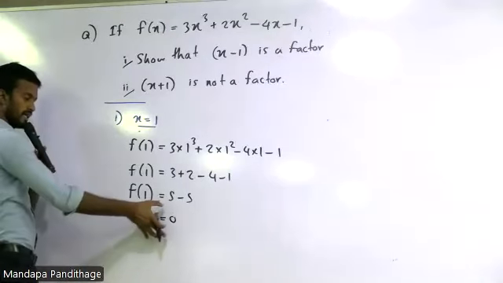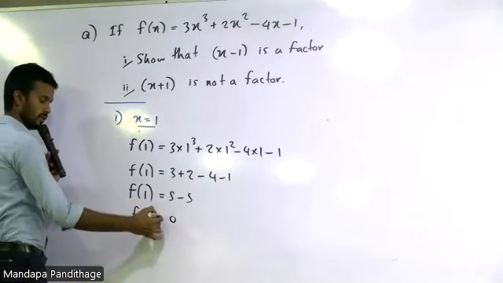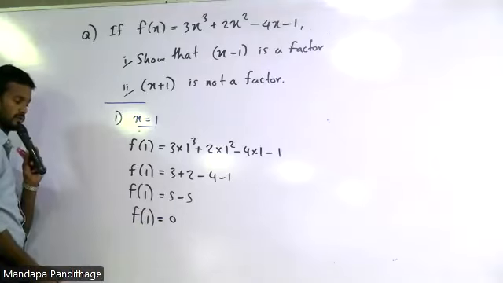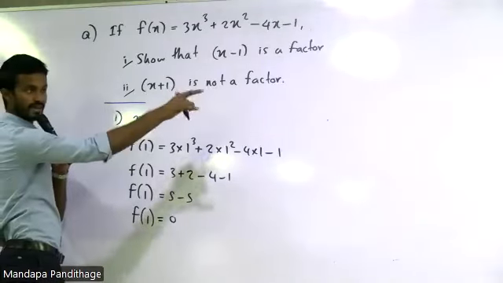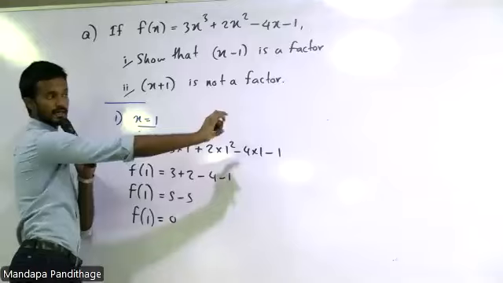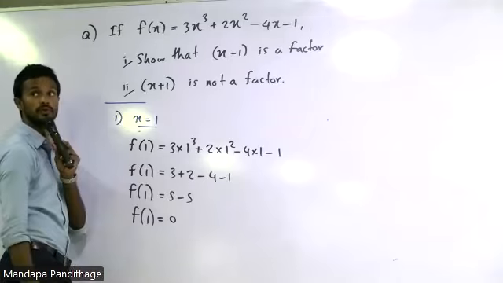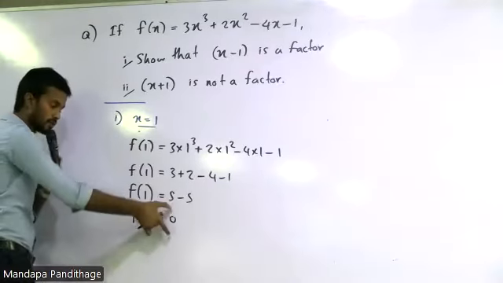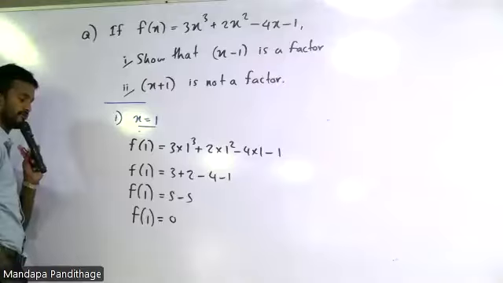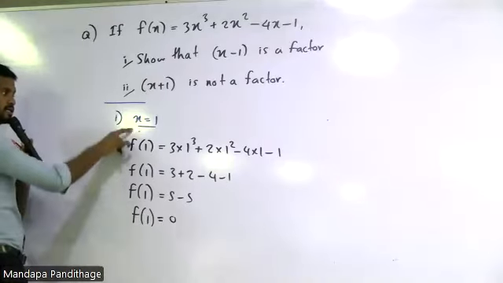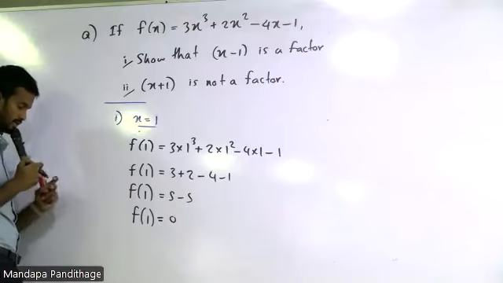So you have shown that f(1) is equal to 0. I know if x minus 1 is a factor, we get f(1) is equal to 0. So here we have proved that f(1) is equal to 0, which means you can say that x minus 1 is a factor.